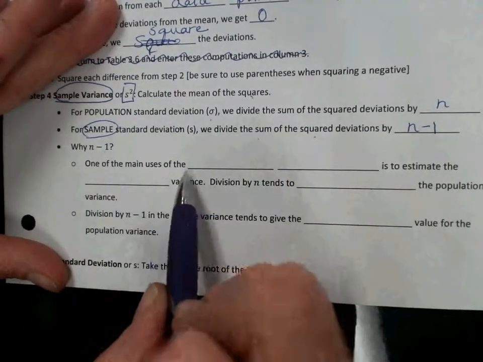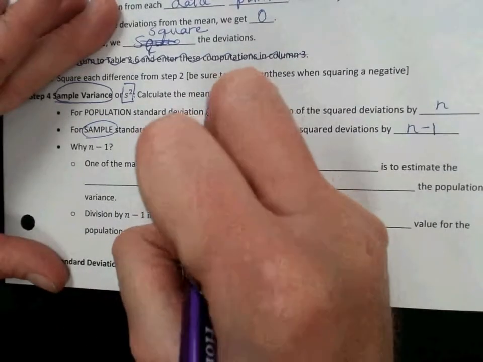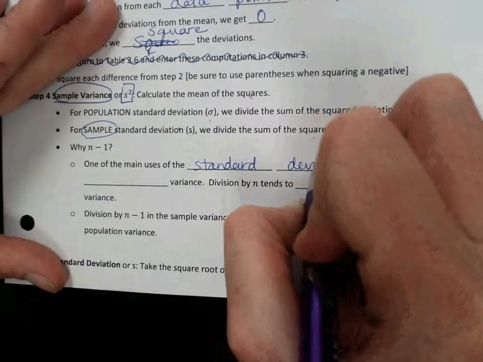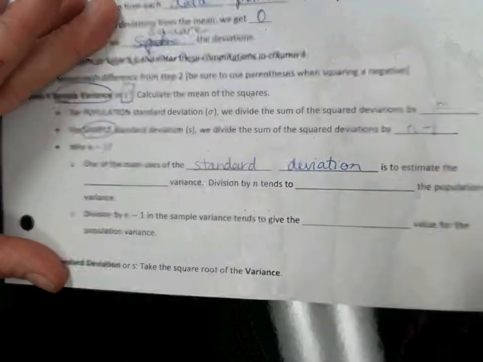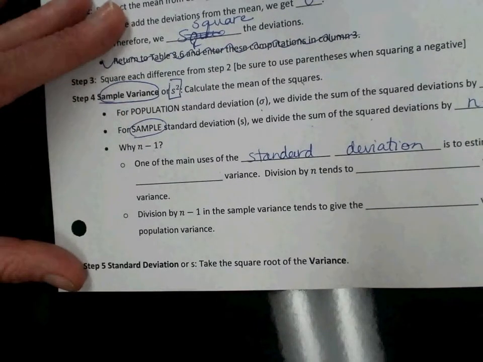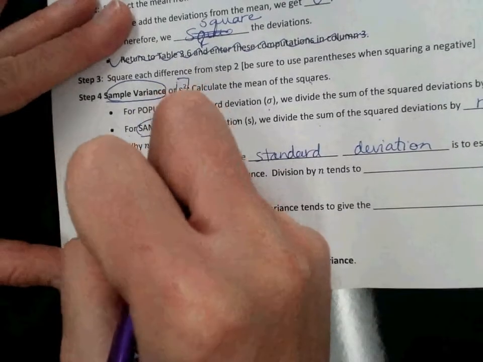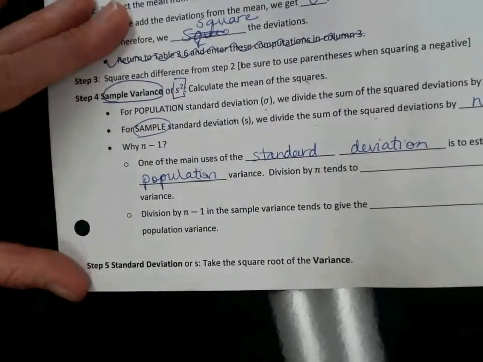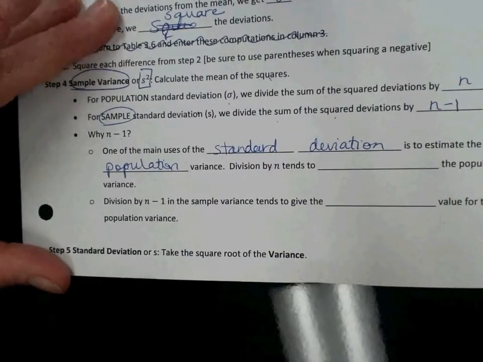One of the main uses of the standard deviation is to estimate the population variance. Right?